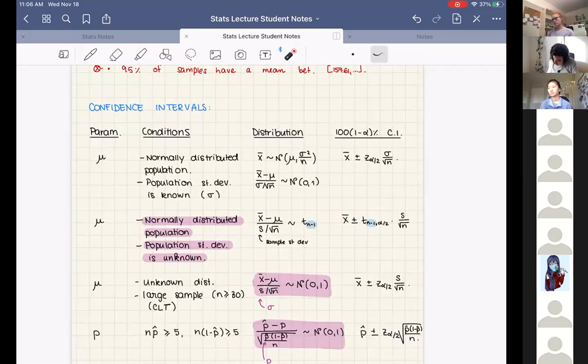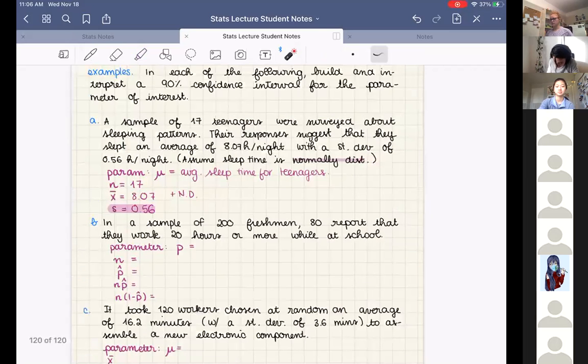So we're going to have to find an interval of the form x bar plus or minus t, where the degrees of freedom are 17 minus 1, so n minus 1, and alpha over 2 is 0.05, right? Because we're looking for a 90% confidence interval, and then this is times s over square root of n.